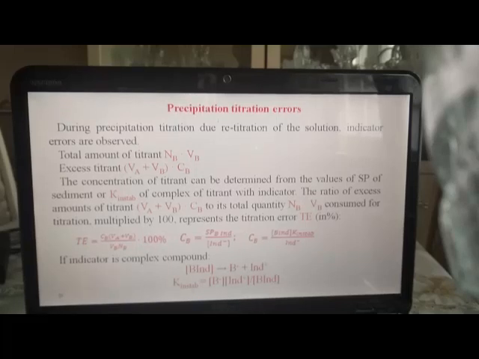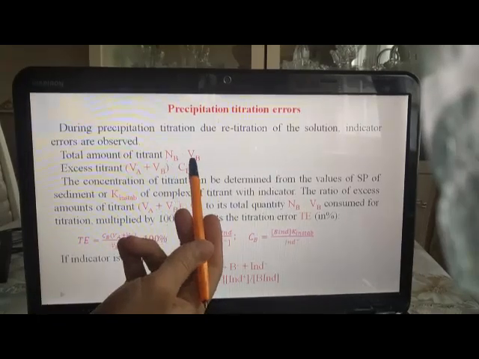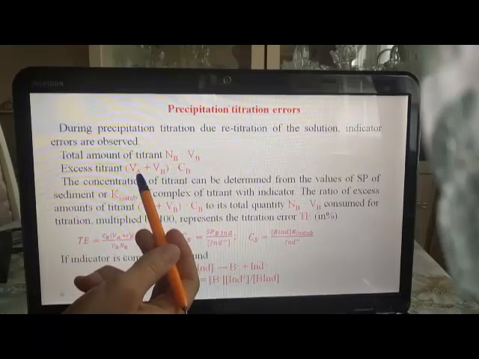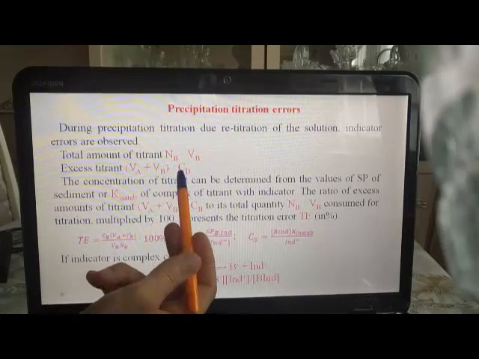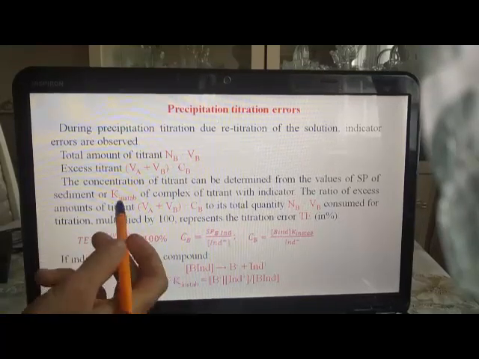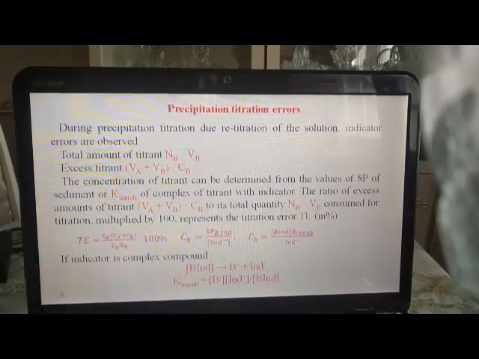Precipitation titration errors. During precipitation titration, indicator errors are observed. Total amount of titrant, normality and volume of the solution, excess titrant: volume of substance A plus volume of B multiplied by concentration of B. The concentration of titrant can be determined from the values of the solubility product of the sediment and the instability constant of the complex of titrant with indicator.